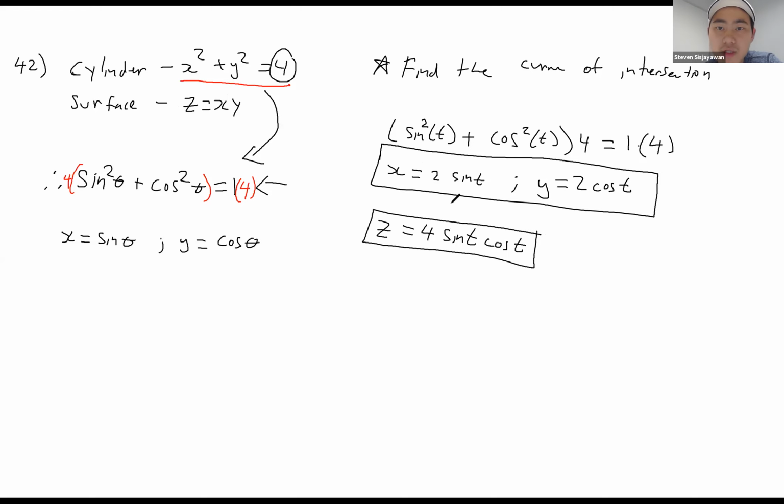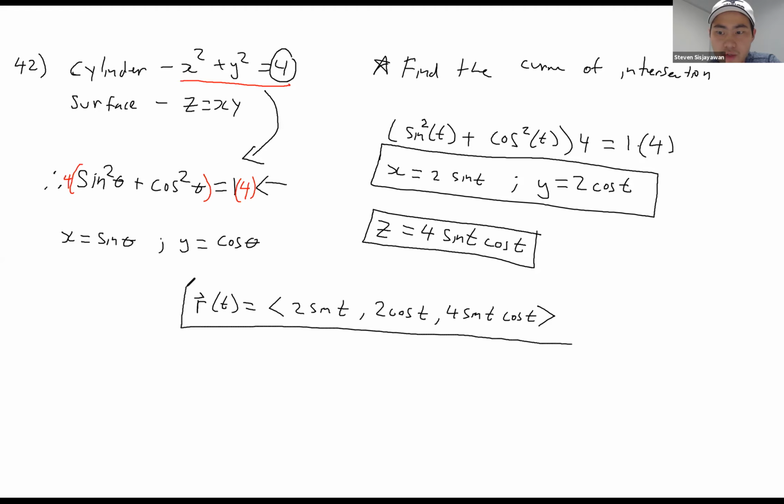So for this equation, your vector function for the curve of intersection is going to be 2 sine t, comma 2 cosine t, and finally 4 sine t cosine t. All right, and this is going to be the answer for 42.